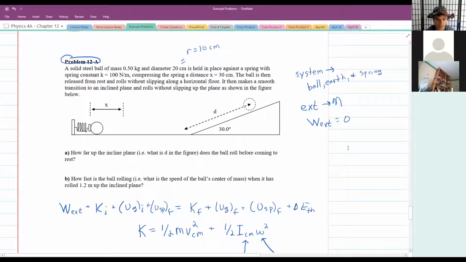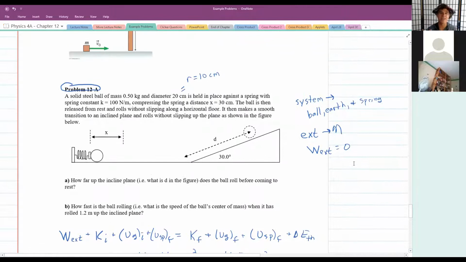So I'm going to let my initial condition for part A be when the spring is compressed by 30 centimeters. And I'm going to let my final condition be when this is at its highest point. And what they want to know is how far up the incline does it move. What we're going to do is figure out how high it gets to, and then from that we can use trigonometry to figure out what d is.